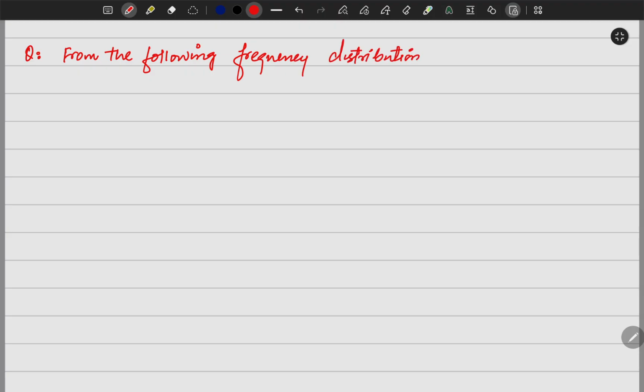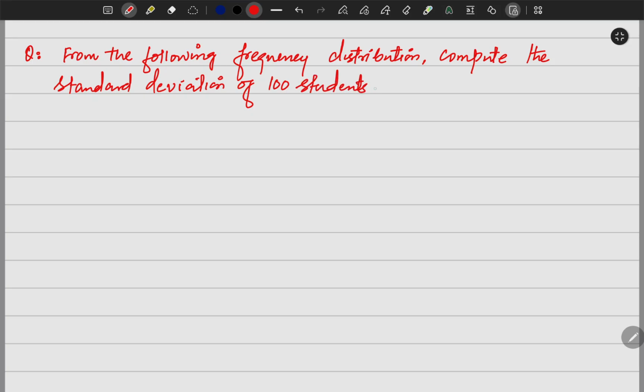For grouped data, for example, if you had a frequency distribution, I will write the question: from the following frequency distribution, compute the standard deviation of 100 students.